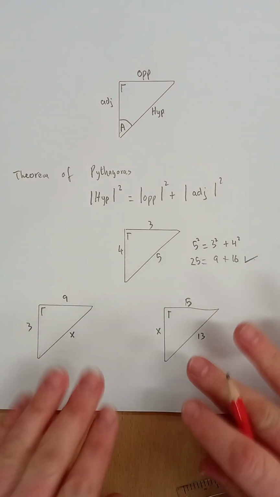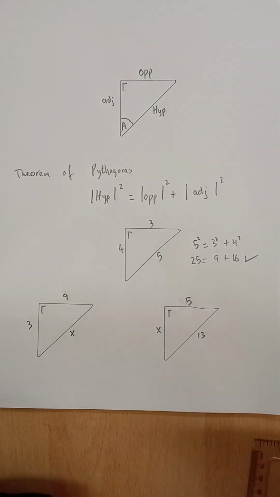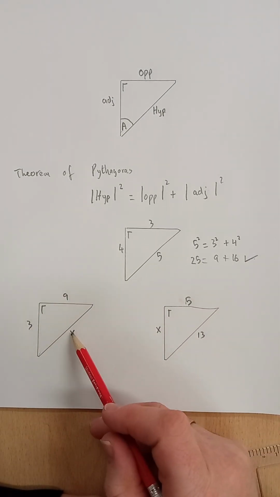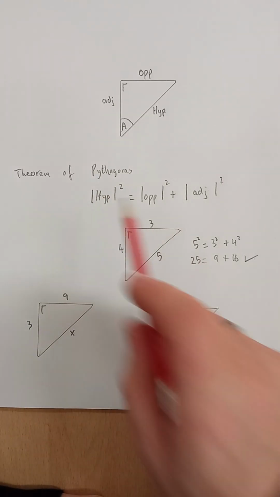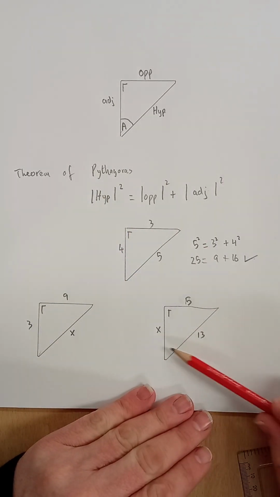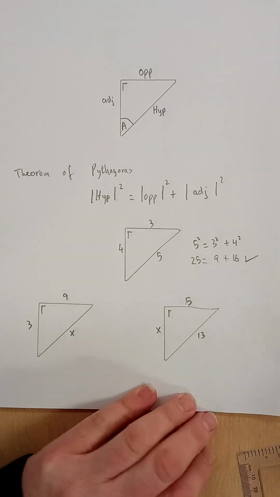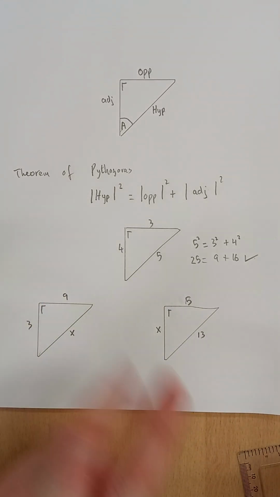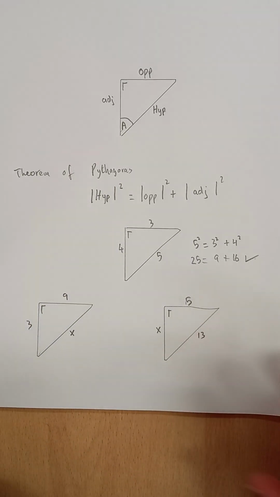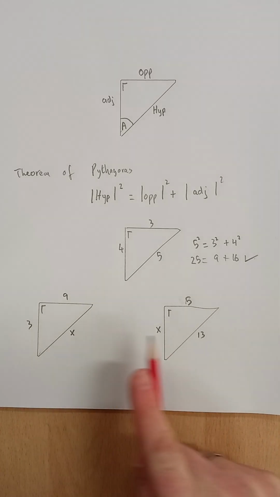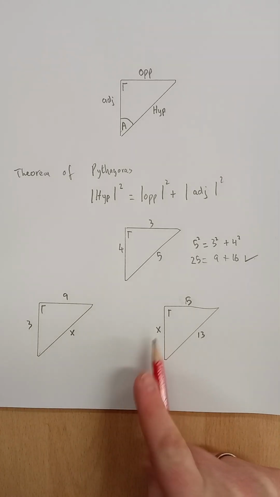Now let's look at the difference between these two triangles. In this one, the longest side is missing, and in this one, the longest side is not missing. So there's only two possibilities when you're solving a sum using Pythagoras: either the longest side is missing or it's not.